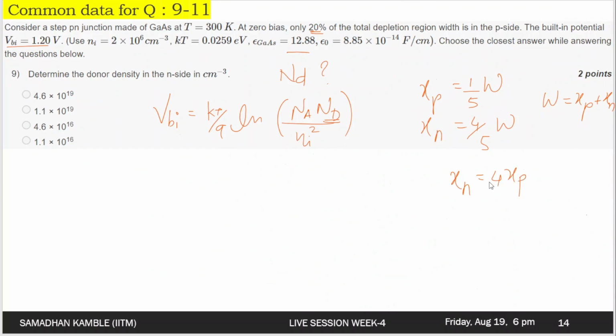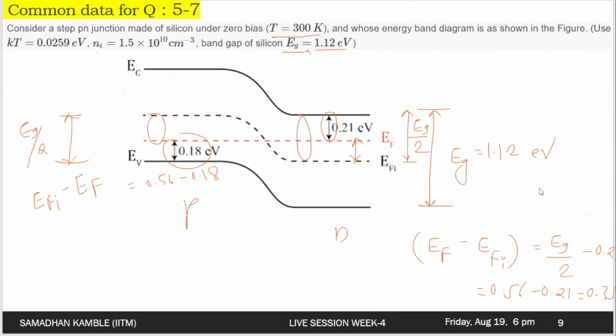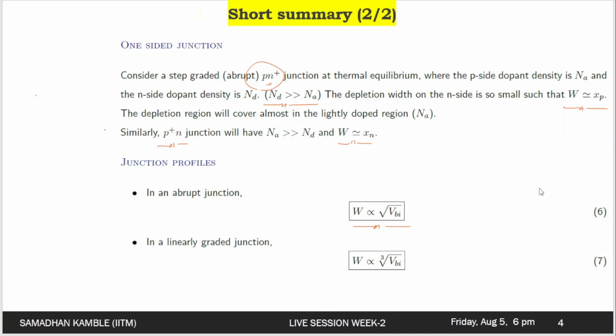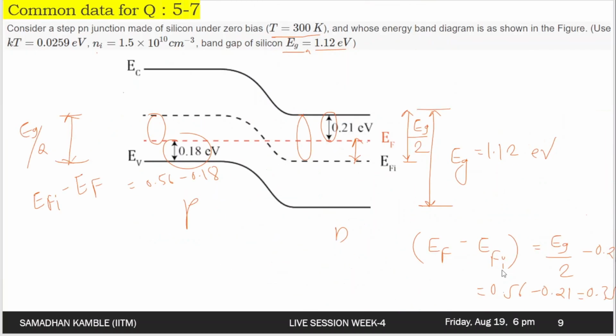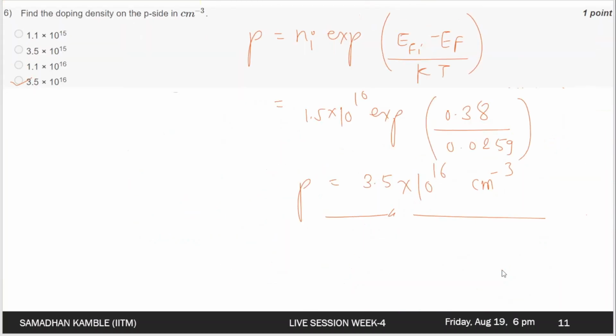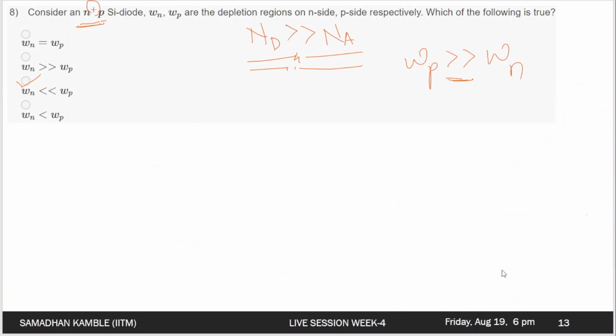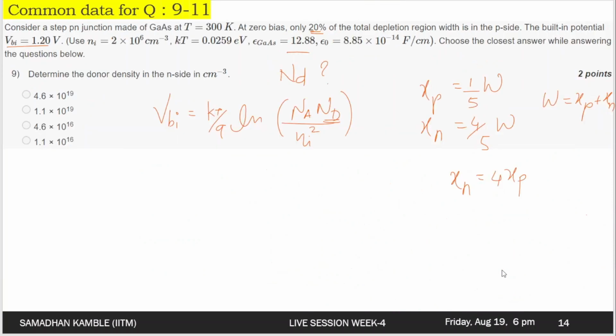And if you recall equation 1 and equation 5, we can write Na is equal to 4 times Nd.